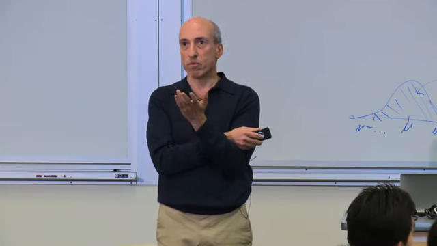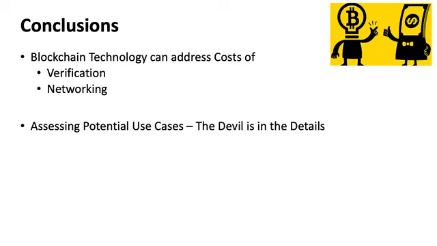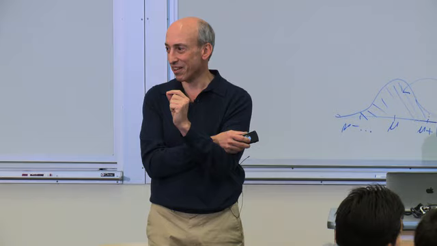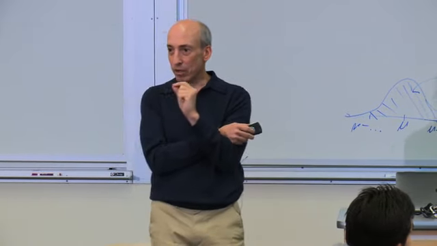And then what did we talk about? Blockchain technology can address costs through verification and networking. The potential use cases, the devil is in the detail. It's true in most things in life, but it really is.